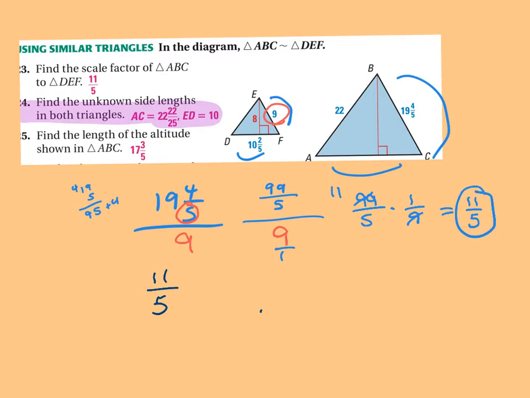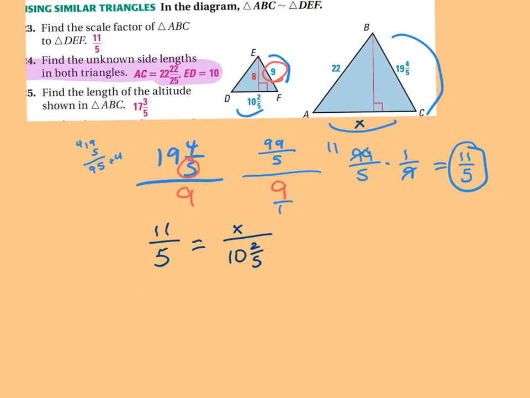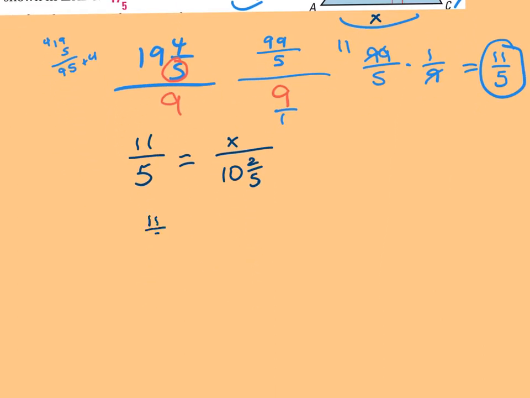over the right triangle. So if you're trying to find AC, it goes with the 10. So this could be your x over 10 and 2/5. So then that becomes 11/5 equals x over, this would be 50 plus 2, 52 over 5. Cross multiply and I get 11 times 52 over 5 equals 5x.